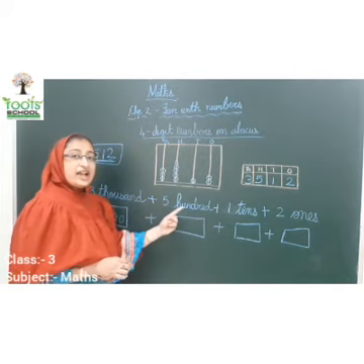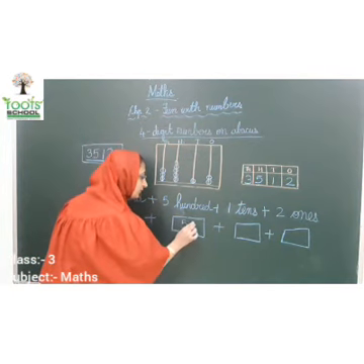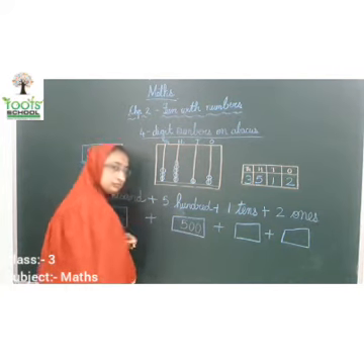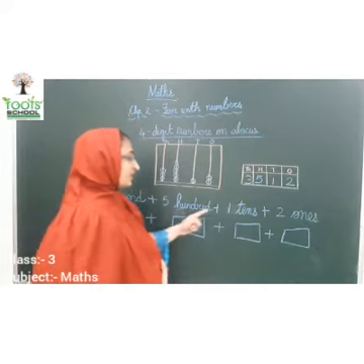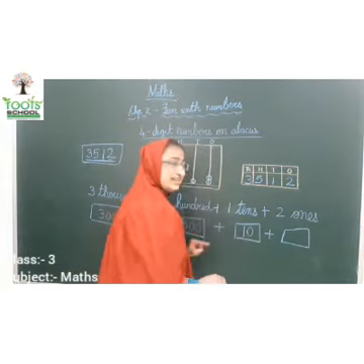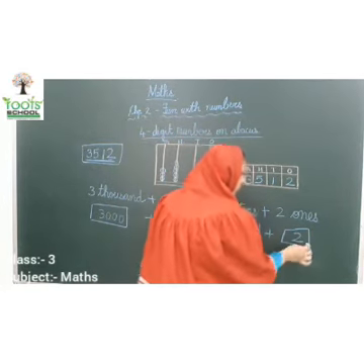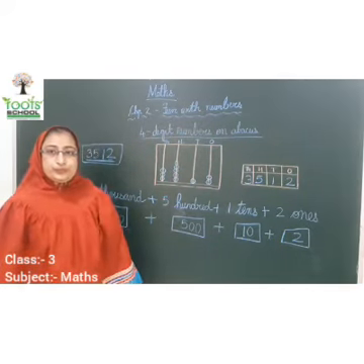Now it is 500. So how are you going to write 500? Okay. Now it is 10. So how are you going to write 10? 1, 0. Makes 10. And at the place of 1 it is 2. So you simply are going to write 2.